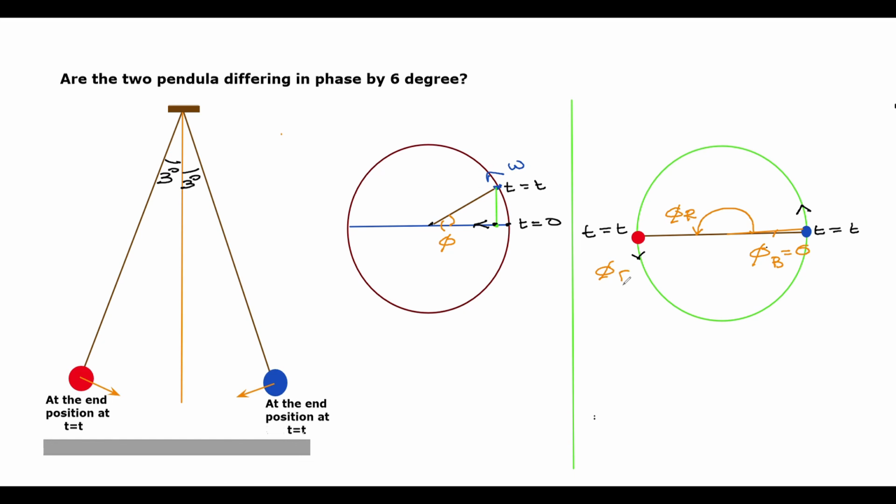So at the given instant, the phase of the red bob is 180 degrees and the phase of the blue bob is 0 degrees.